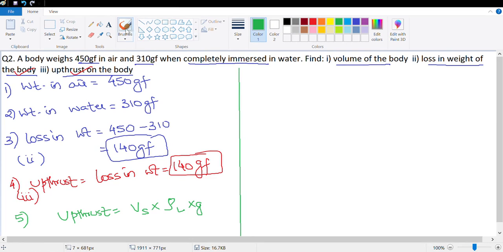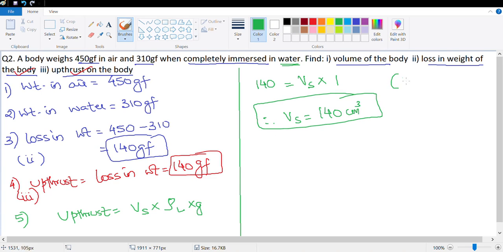So upthrust is given, we just calculated as 140 is equal to volume of solid, which we don't know, times density of liquid. Since this is water, the density of water is 1, therefore volume of solid is 140 centimeter cube. Since density of water is equal to 1 gram per centimeter cube.